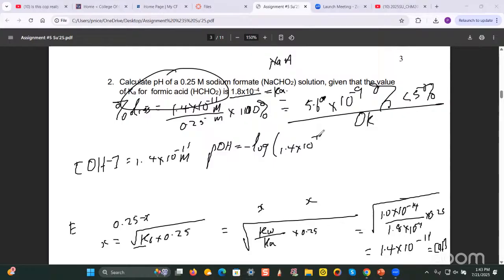According to my calculations, when rounded off to 2 decimal places, that would be equal to 10.85. So what next? You subtract that from 14 to get the pH, right? So 14.00 minus 10.85, and that would be equal to 3.15.